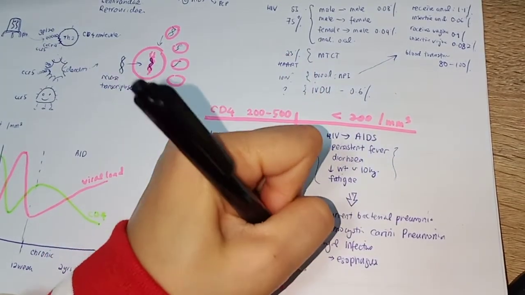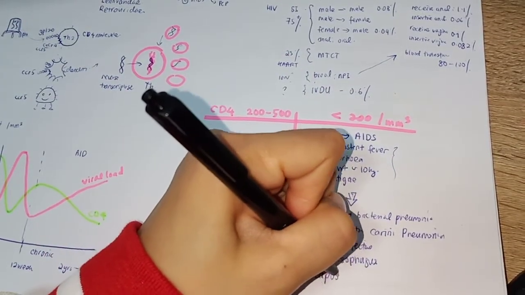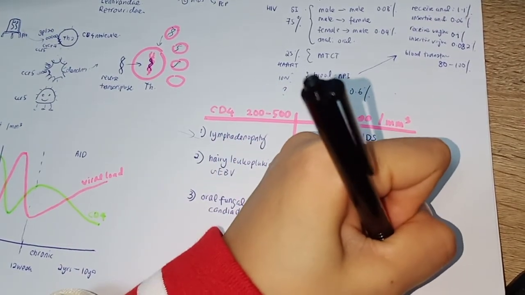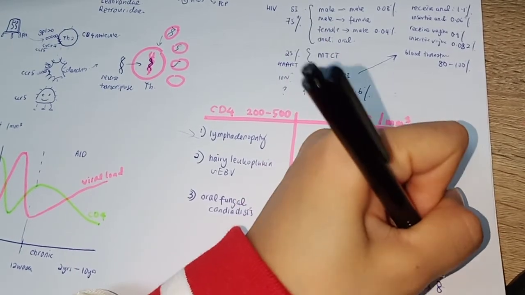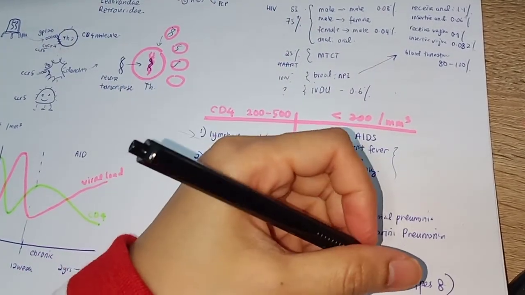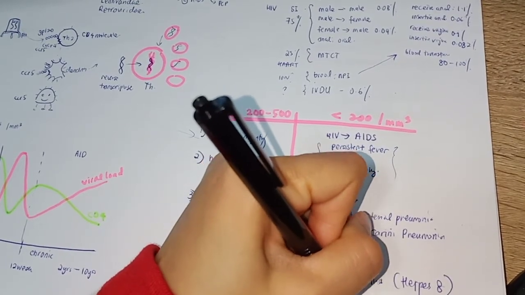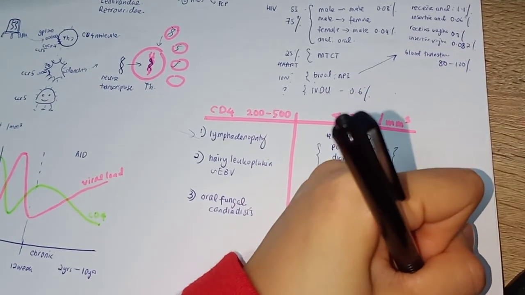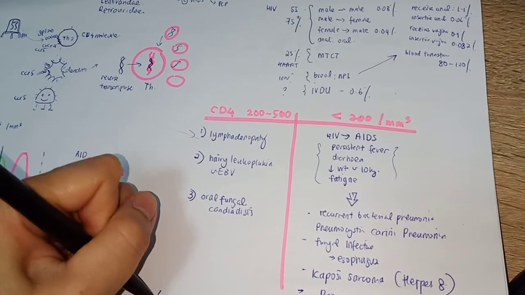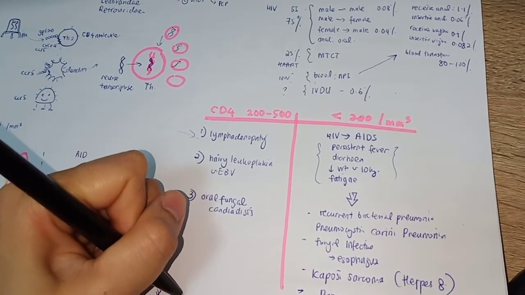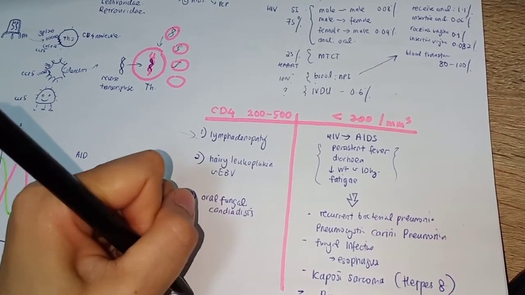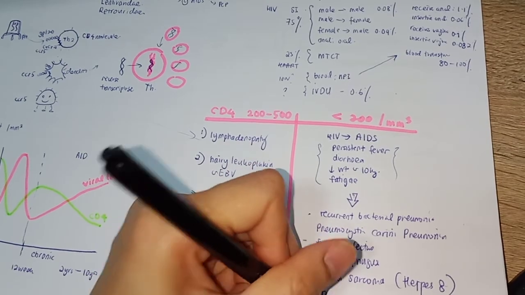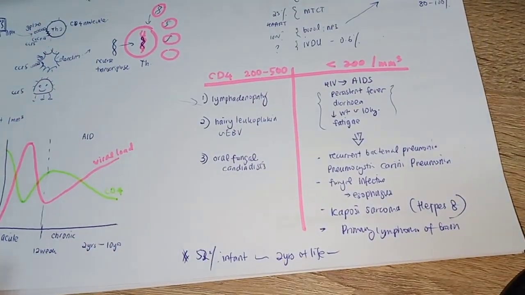Then the patients start to have other co-infections like Kaposi sarcoma, which is due to herpes virus 8, and also primary lymphoma of the brain, which causes death. In fact, 52% of infants who have HIV usually die within 2 years of life. Continue to the next video.